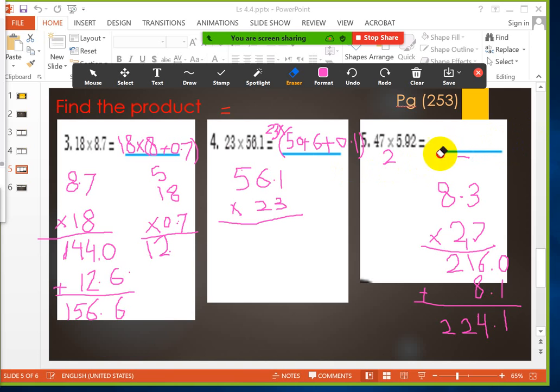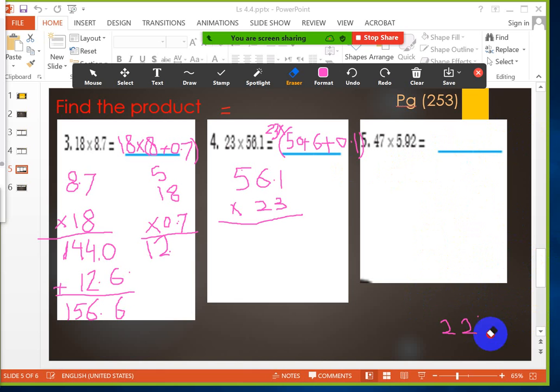I will multiply first the 23. Okay, I will raise this side to multiply here. First thing, 23 with 50.